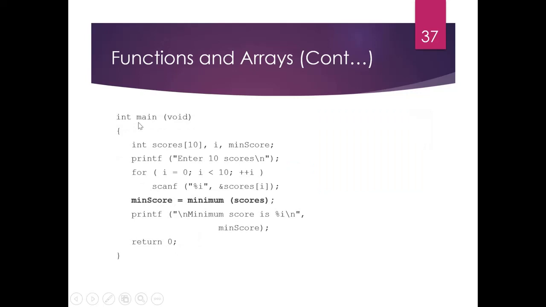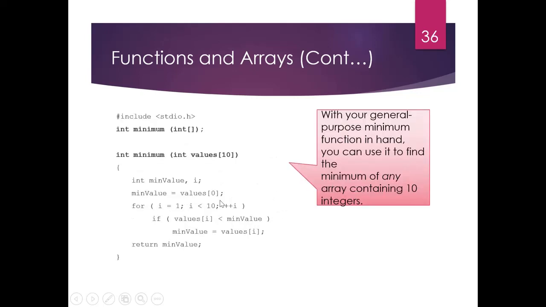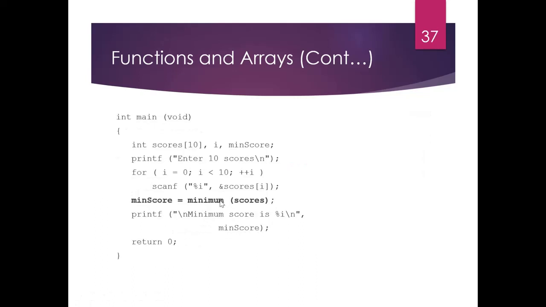In the next example, int main void, int scores, i, min score, these are the variables. Scores is the array of size 10. Here it takes the 10 values from the user and saves them in the array. Then it says min score equals minimum, a function already declared here. We pass this scores array into the minimum function.